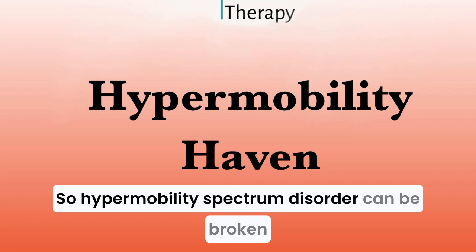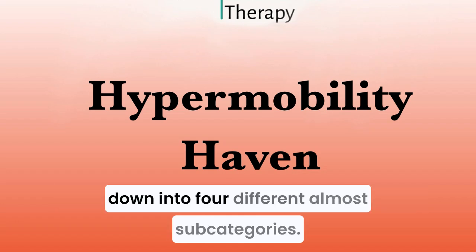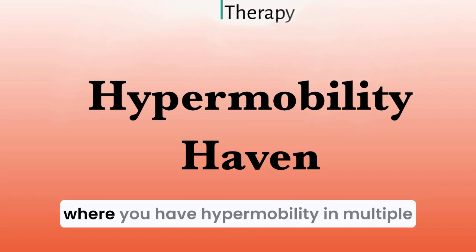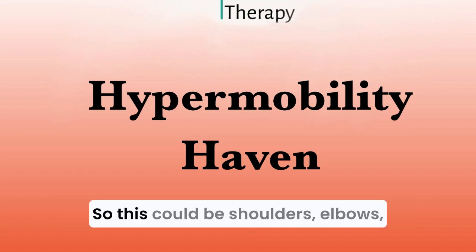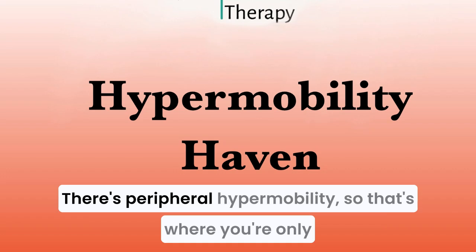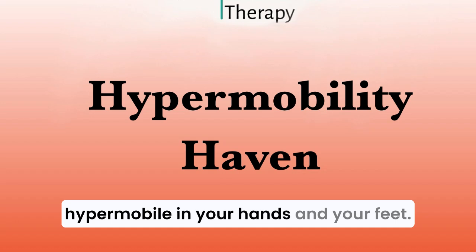Hypermobility spectrum disorder can be broken down into 4 different almost subcategories. So there's generalised hypermobility, which is where you have hypermobility in multiple joints all over the body. So this could be shoulders, elbows, knees, hips, wrists and ankles, etc. There's peripheral hypermobility, so that's where you're only hypermobile in your hands and your feet.